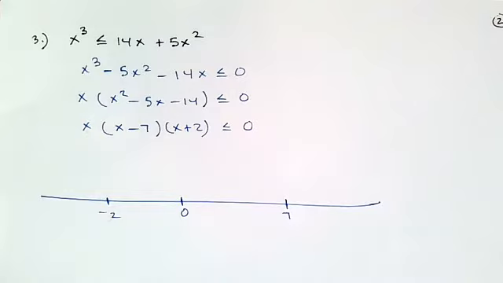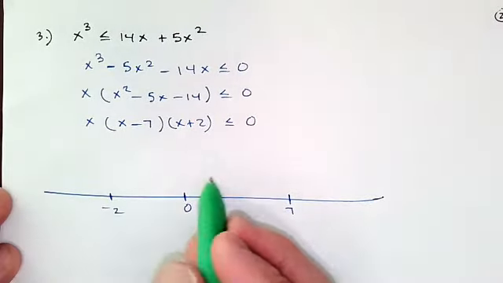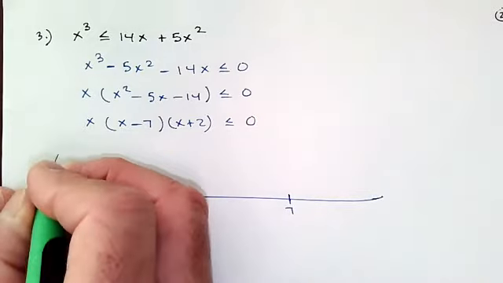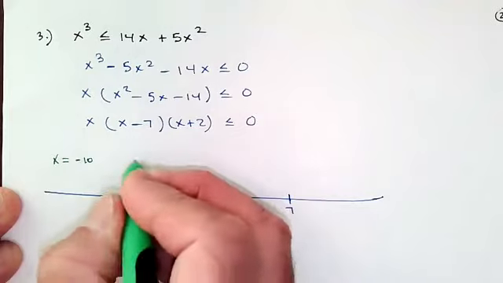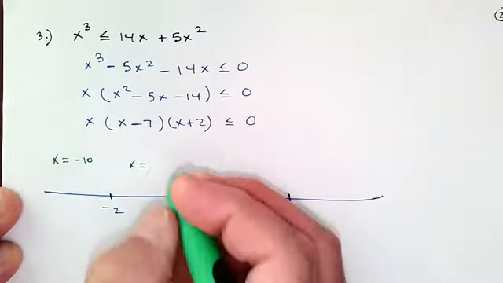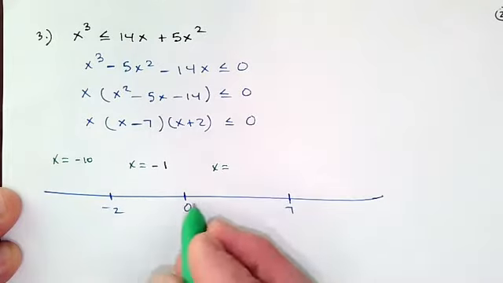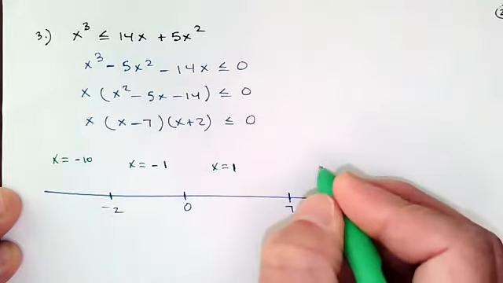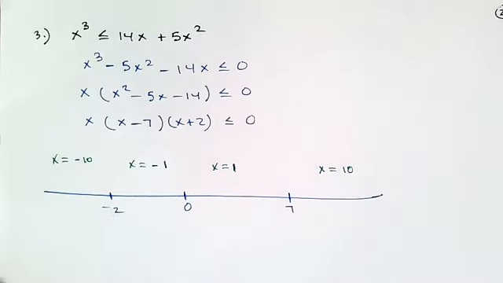So we'll have 0 on this number line. Now we've got 4 regions. So let's pick some test numbers here. Something less than -2. How about -10? Between -2 and 0, -1. Between 0 and 7, how about 1? Bigger than 7, how about 10?